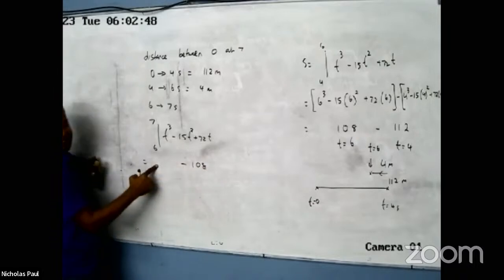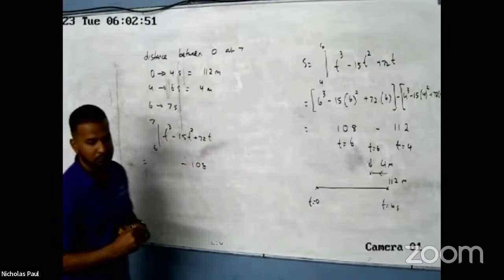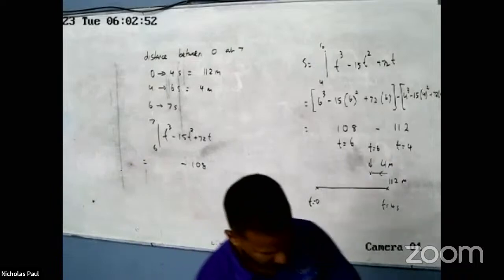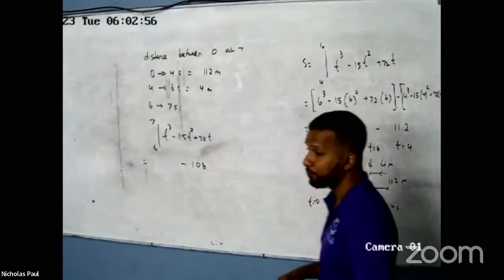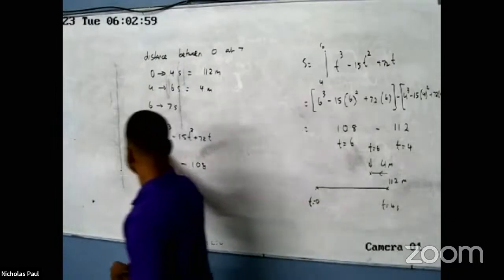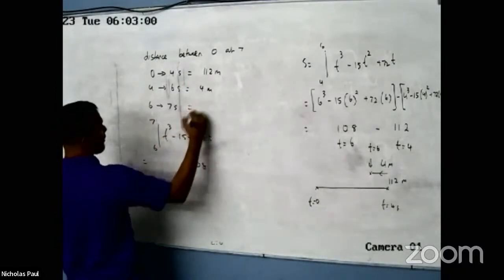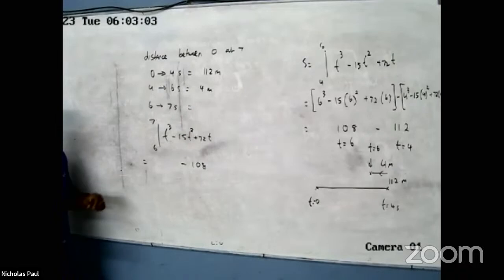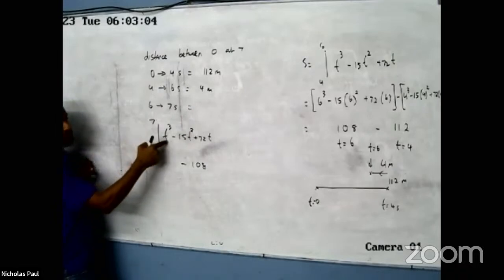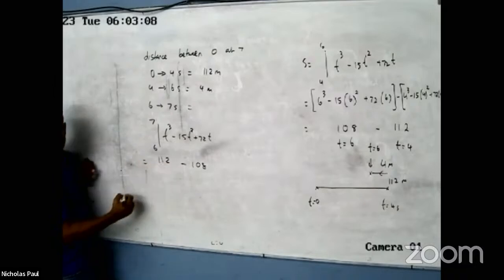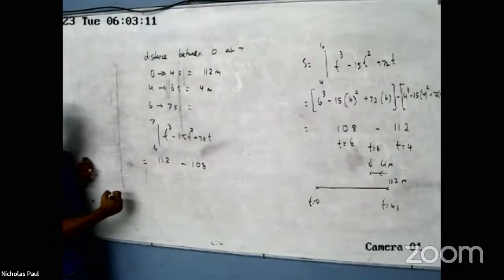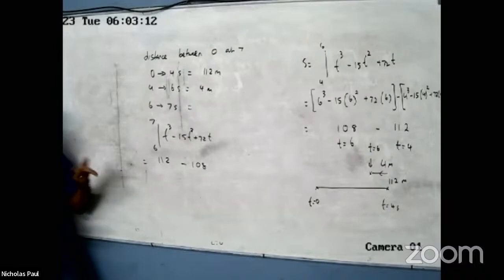When it's 7, how much did you get? When you plug in 7, you get the same 112. So when you plug in 4 and when you plug in 7, you get the same value.